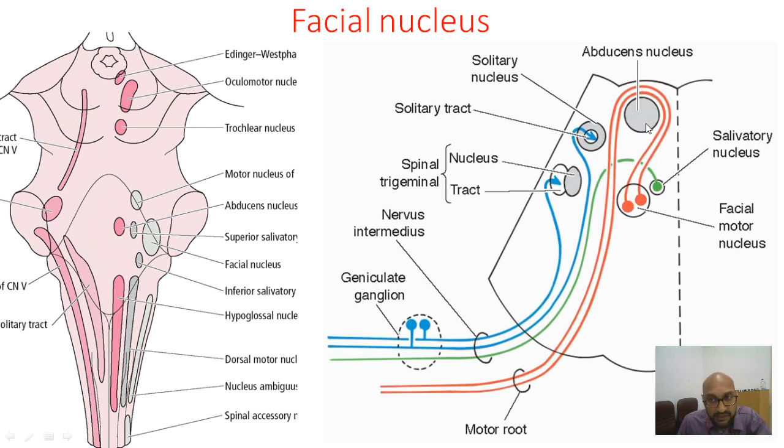There are multiple theories related to this. You can read about it, but what I'm more concerned about is that you can see that the fibers of the facial nerve have migrated ventrally, medially, and caudally to come and lie in the anterior part of the tegmentum. So this phenomenon is known as neurobiotaxis.